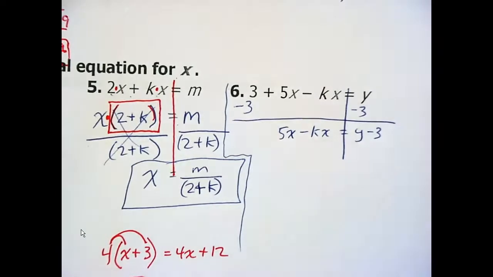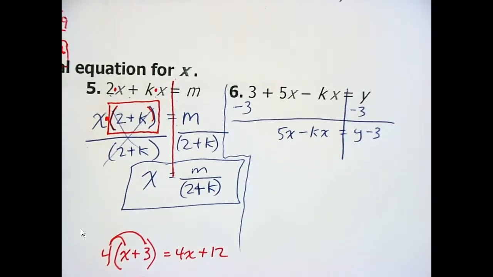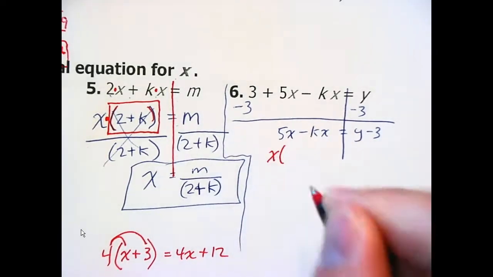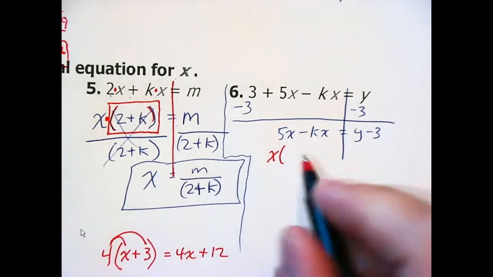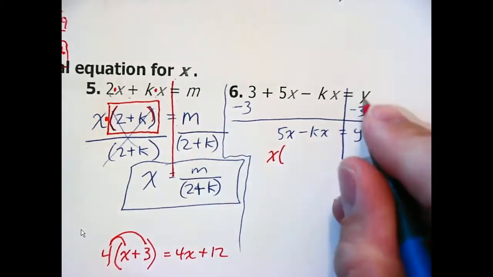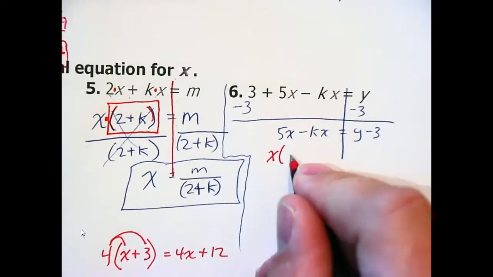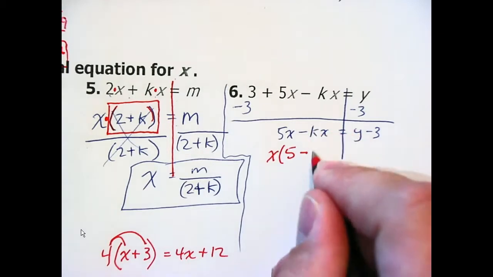So how do you factor here? What can I take out? X? Yeah. So if I take out x, Vincent, what am I left with? What am I left with if I take out x from 5x? Negative k?